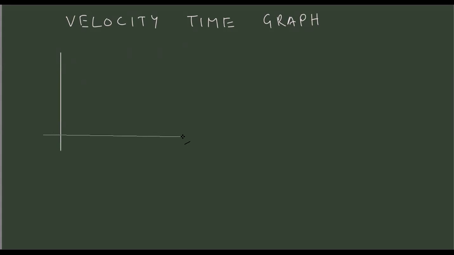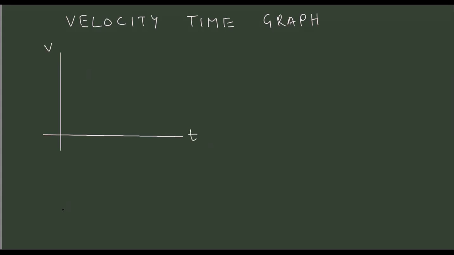If I start with, let's say, a velocity-time graph, let's plot it here. On the y-axis, I'm having velocity, and on the x-axis, I have time t.